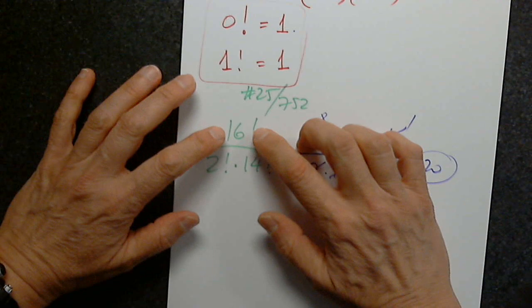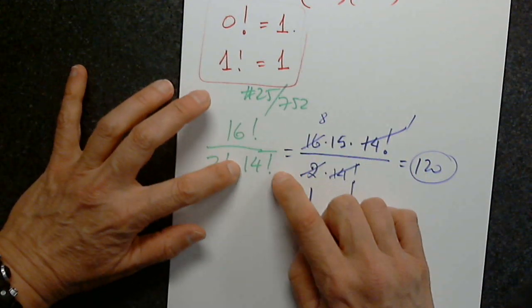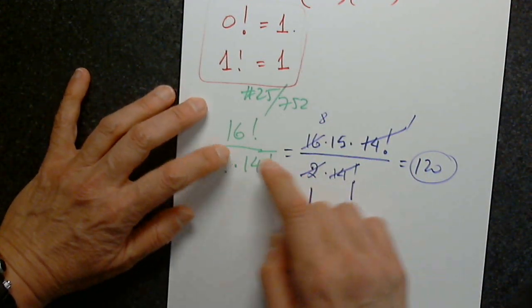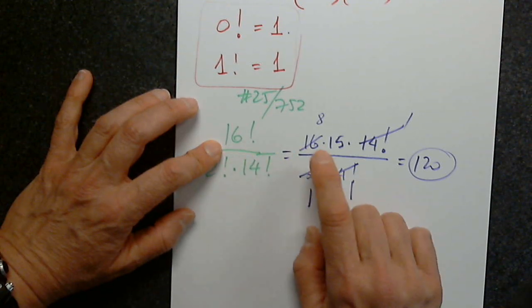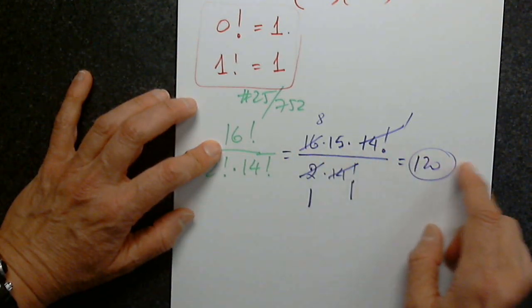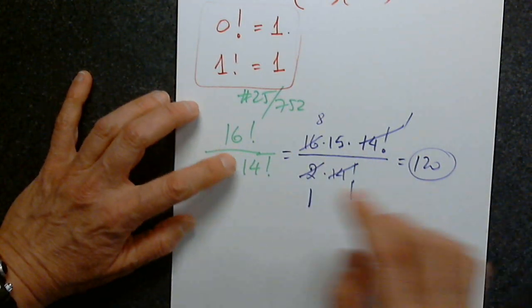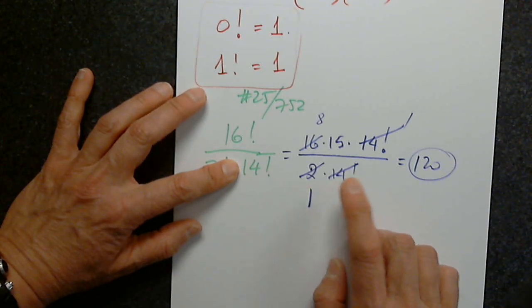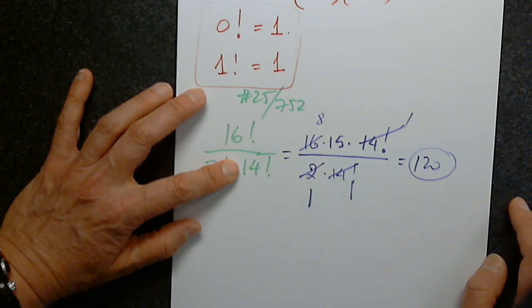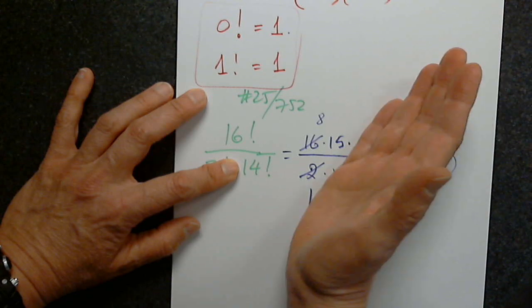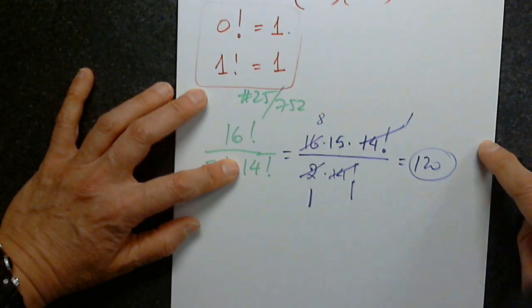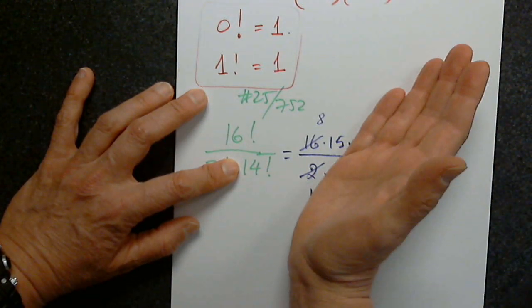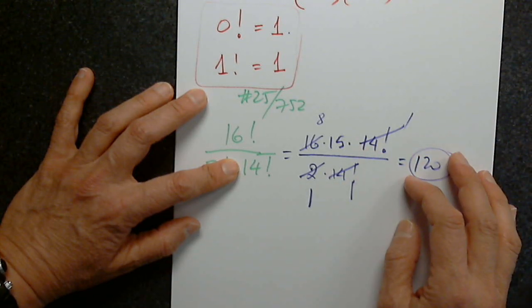So I start with 16, first of all, because 16 is bigger than 14. And I know that 16 factorial is 16, 15, 14, and so on, 3, 2, 1. Also, 14 factorial is 14 times 13 times 12, and so on. So then these factors will go away. The 14 to 1 and the 14 to 1 will go away. But why would I even write them?